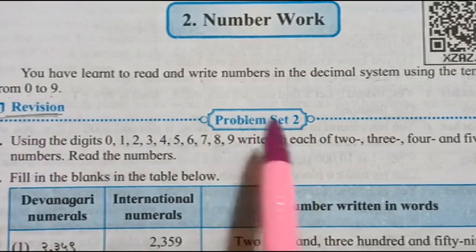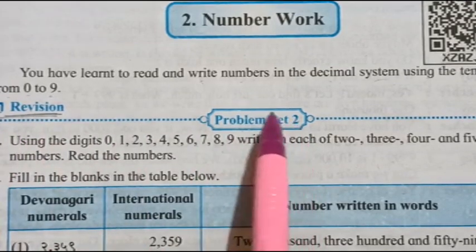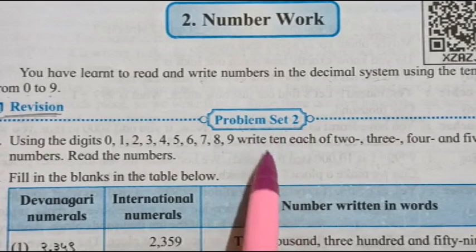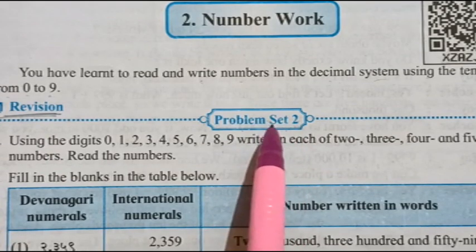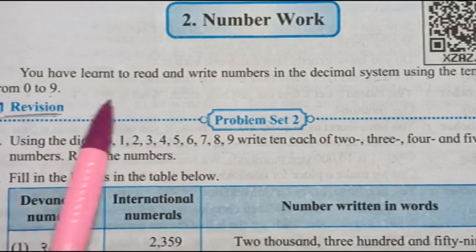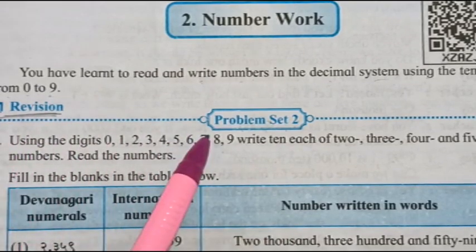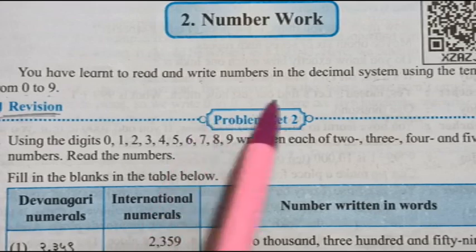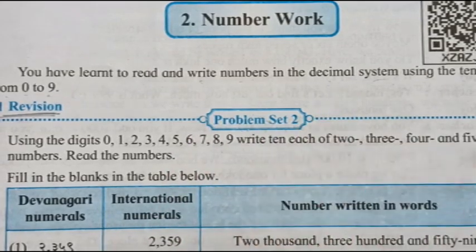This problem set 2 which we are going to solve is basically dependent on the revision that you all have studied in the 4th standard. Now let us begin with problem set 2.